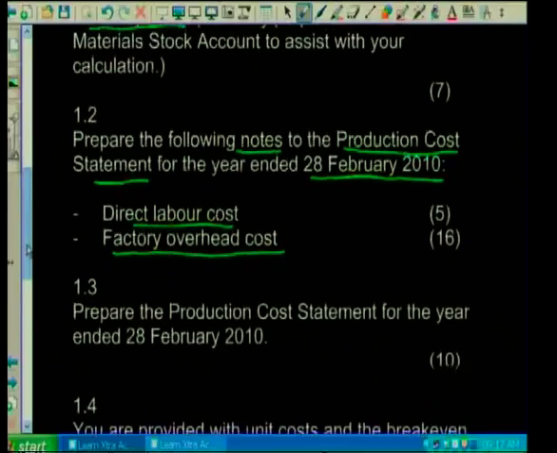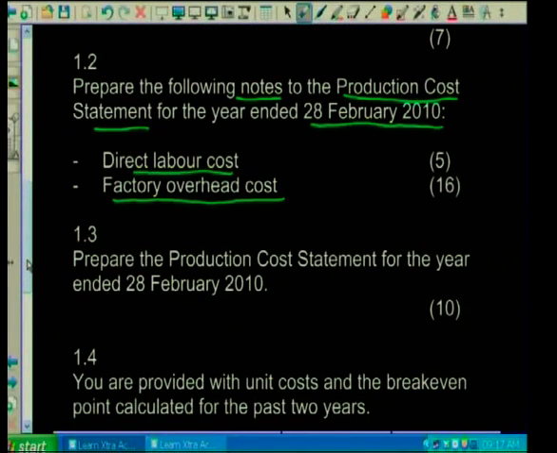And then, like with most questions, 1.3, prepare the production cost statement for the year ended 28th Feb 2010, and this is for 10 marks.